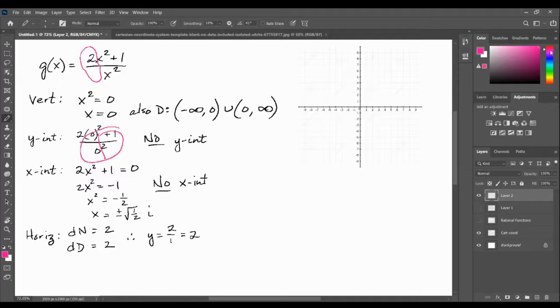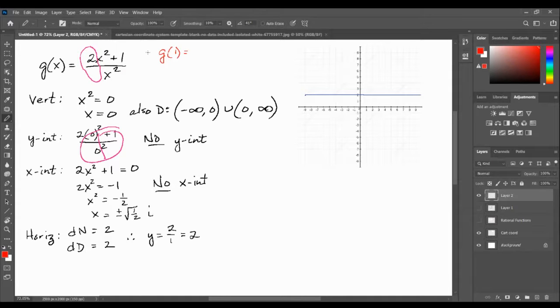So now if I turn on our Cartesian coordinate system, at y equals 2, we have a horizontal asymptote. I'll just draw that in like that. There is no y-intercept, no x-intercepts, so let's pick a value and plug it in and see what we get. What do we get when we plug in 1?